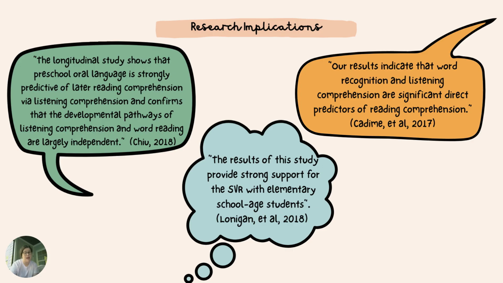So, a variety of research again and again proves the effectiveness of the bottom-up theories. In fact, the video that we watched on the simple view of reading stated that again and again it has been proven, but it has never been disproven.